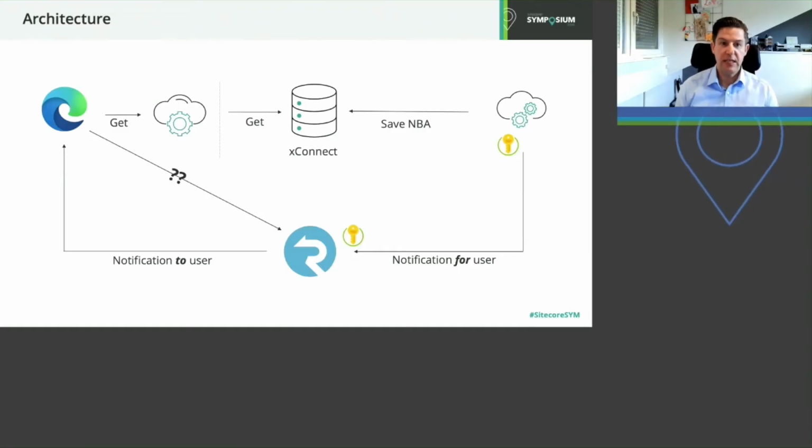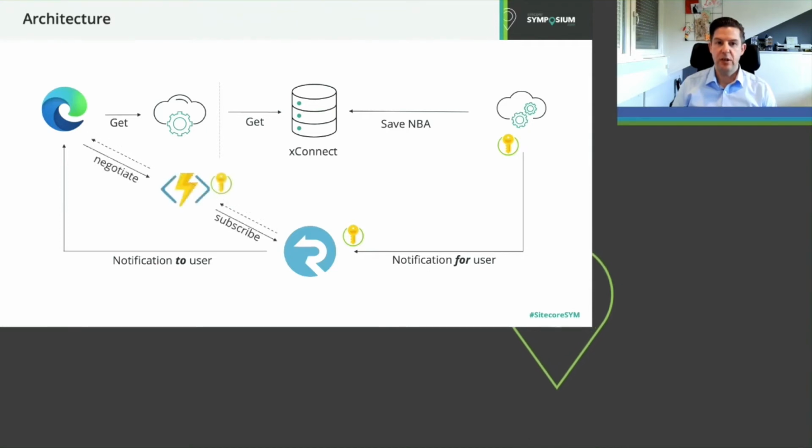Of course, SignalR has to know what clients are connected and how they can be reached. In other words, a client needs to subscribe itself. But how could this work when SignalR can't be accessed without having one of those access keys? The solution lies in Azure Functions. We have generated a negotiation endpoint.